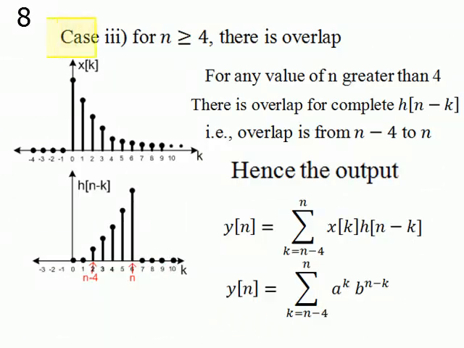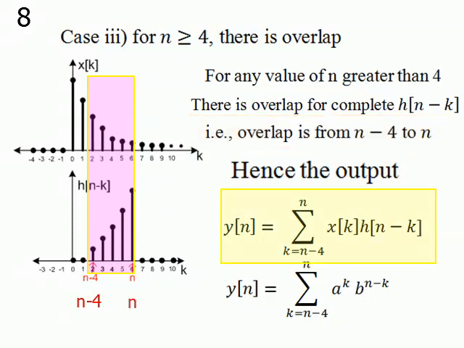Case 3, for n greater than 4, there is an overlap. For any value of n greater than 4, there is always an overlap for the complete duration of the h of n minus k. Hence, the overlap is from n minus 4 to n. The output of the system can be written as y of n is equal to summation of x of k into h of n minus k for k equals n minus 4 to n.